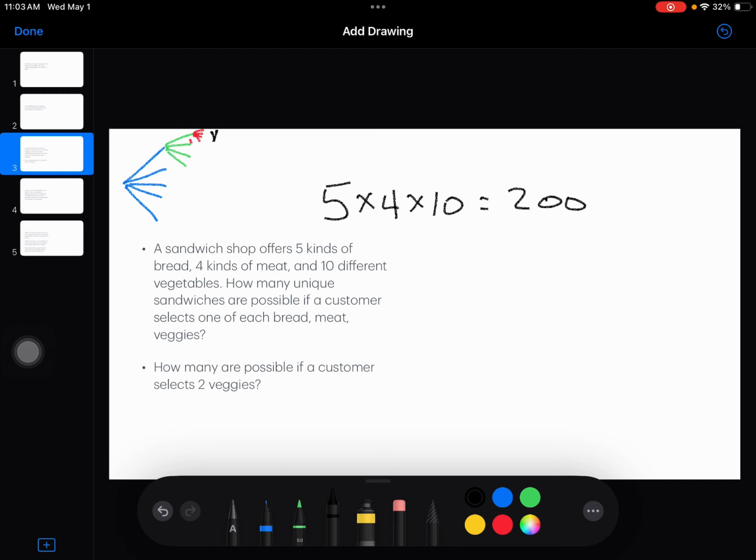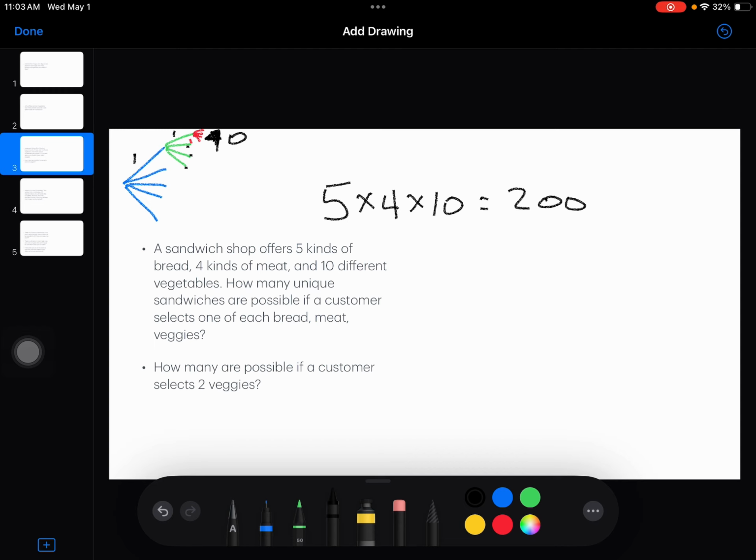If we just looked at how many possible options there are going to be out here, there are going to be 10 for this one, and then that 10 is going to be multiplied by 1, 2, 3, 4. So for each of these, like if it's white bread or wheat bread, for bread type number 1 and meat type number 1, we're going to have 10 possible.